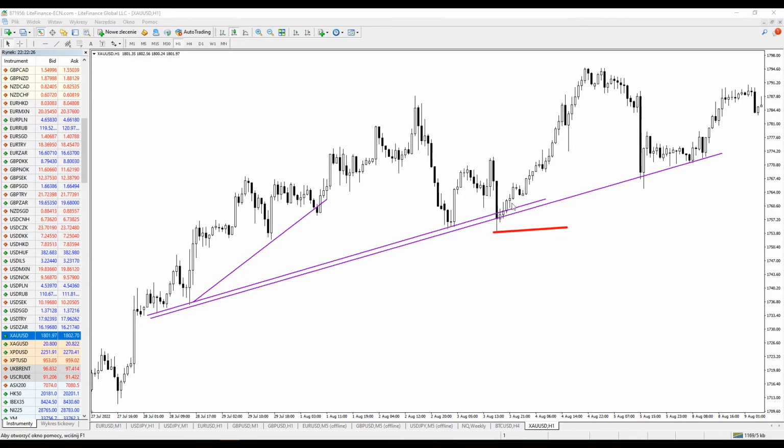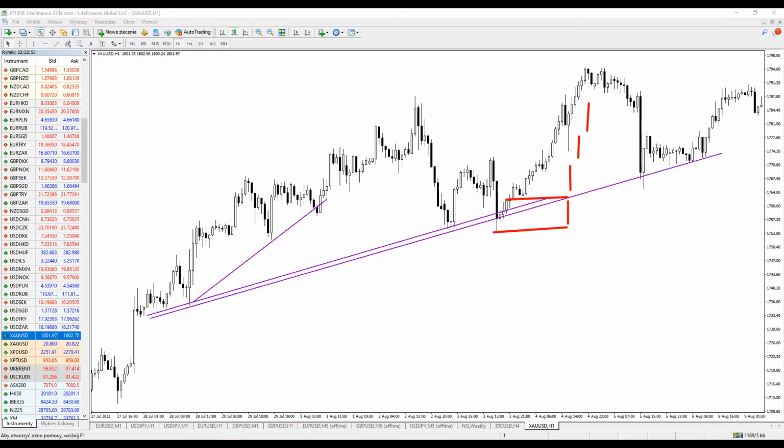Entry on the move back above the trend line, right? That's the move, well above 3R. Why did this happen? Why is it, in my opinion, easier and more profitable than breaking, retesting and following the new trend?